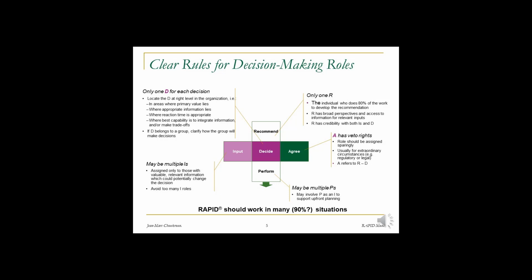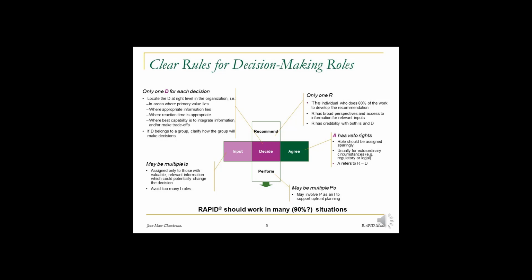So again, on this slide, more detail: only one D, only one to make a decision, only one R, the individual who developed the recommendation and is highly credible with everybody.